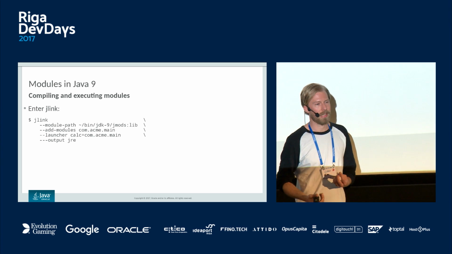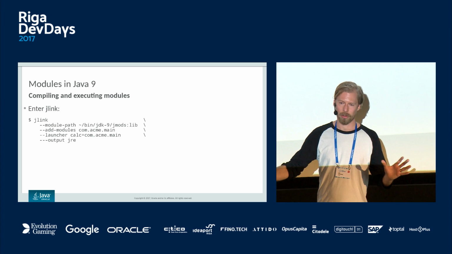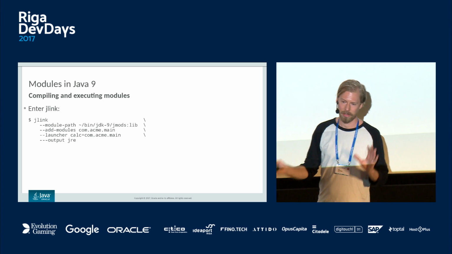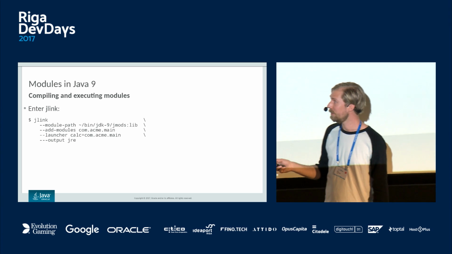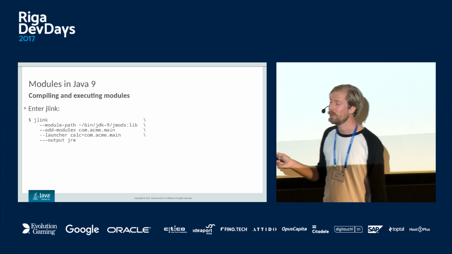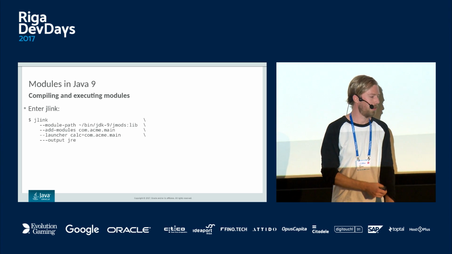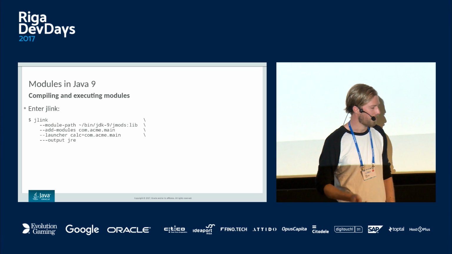You tell jlink that I want to add the module com.acme.main, and then you figure out the rest, what is needed to run this module. We will also add a little nifty launcher. We will see what this is. I want a little launcher called calc that corresponds to running the module com.acme.main. And you can output all this into a directory called JRE.